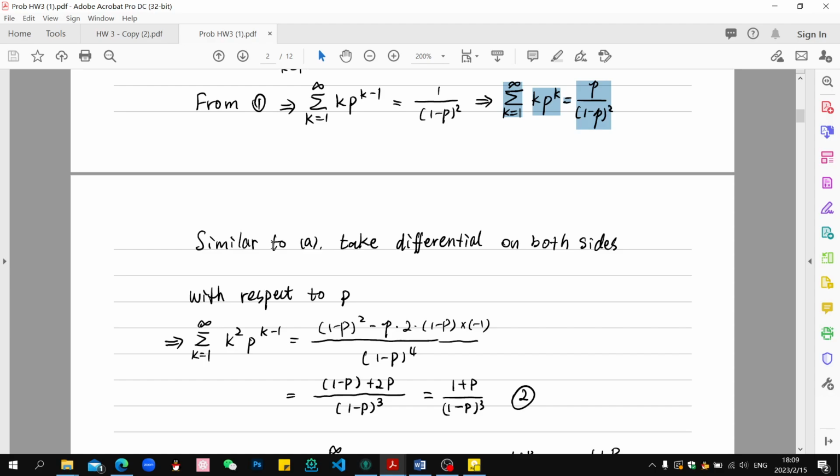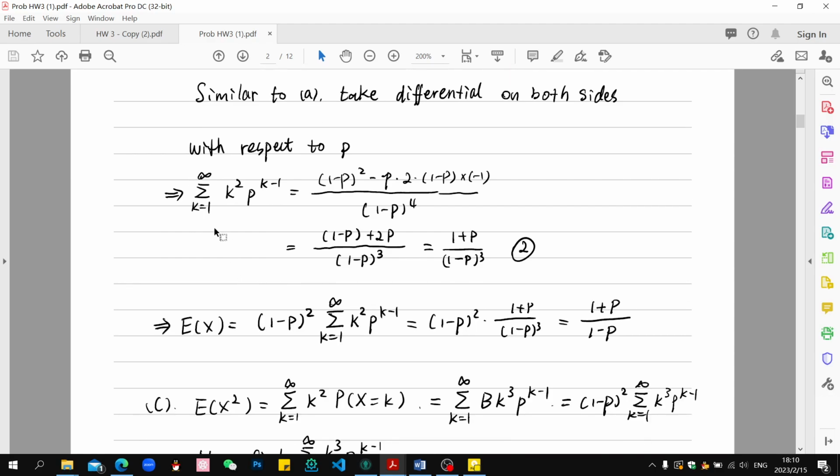Similar to A, we can take the derivative on both sides with respect to p, and then we get that the sum of k squared times p to the power of k minus 1 is this expression. And then we can simplify it down to this: (1 plus p) over (1 minus p) cubed.